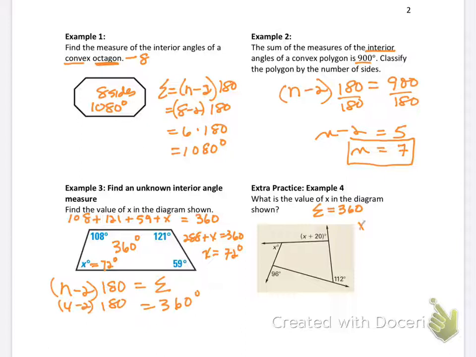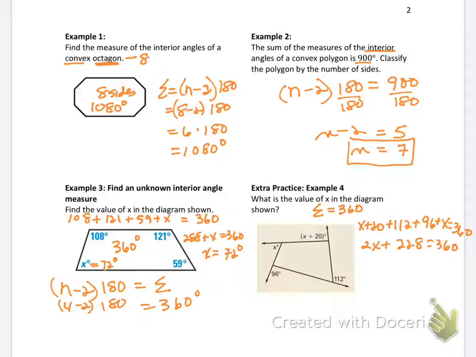Okay, so I'm going to say x plus 2 plus 112 plus 96 plus x has to equal 360. Okay, so start adding some things together. It looks like I have 2 x's. So 2x plus, when I add up all those numbers, I am going to get, well, let's see, I'll do it and get back to you. Okay, that was 228 has to equal 360.